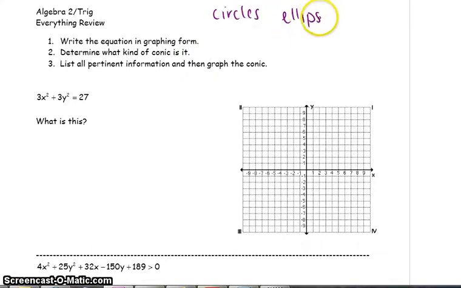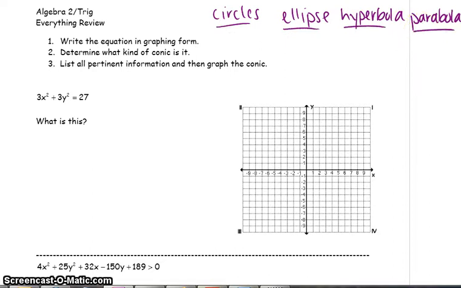ellipse, hyperbola, and parabola. So, in our equations, this will be a little cheat sheet for you.